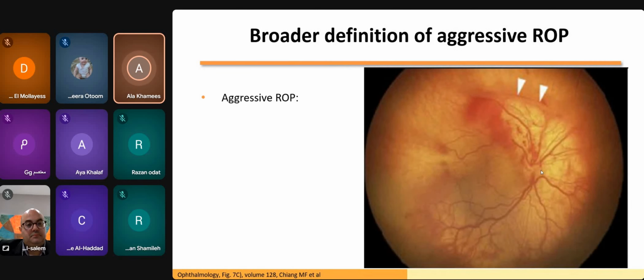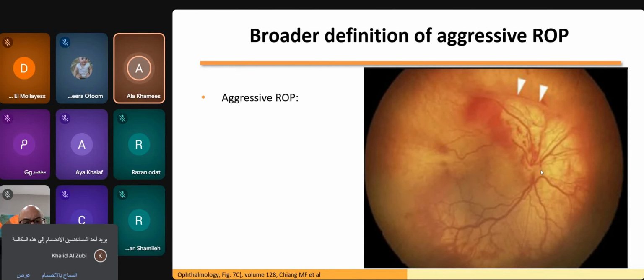ICROP3 presented a wider definition, a new category of aggressive retinopathy of prematurity, or aggressive ROP, which includes the aggressive posterior ROP, formerly known as rush disease, which was first recognized in 2005 to designate a rapidly progressive posterior form of ROP that can bypass the typical progression of the stages.